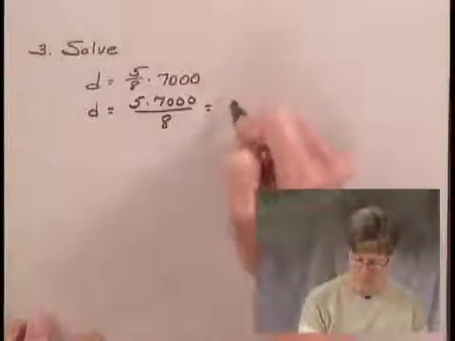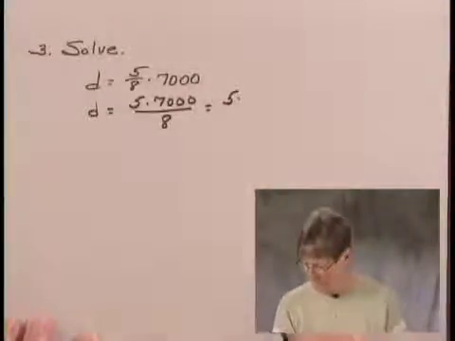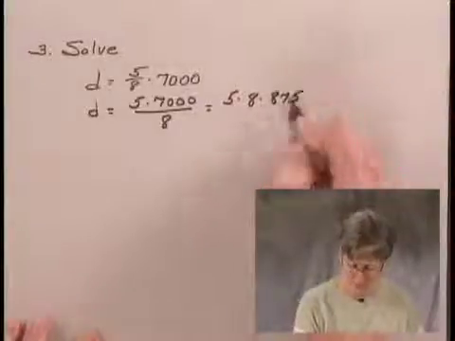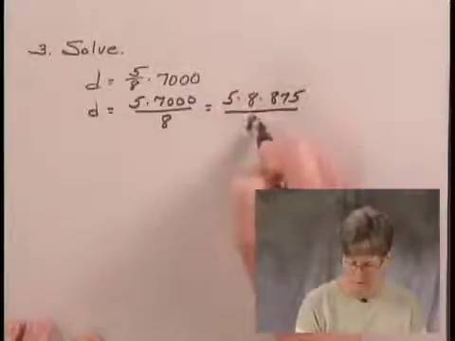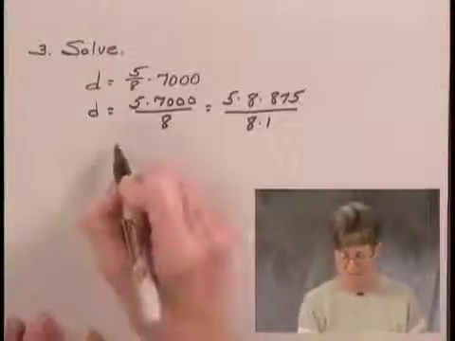I can write 7,000 with a factor of 8. 7,000 is equal to 8 times 875, and I'll rewrite 8 as 8 times 1. And now I see that I have a factor of 8 in both the numerator and denominator.